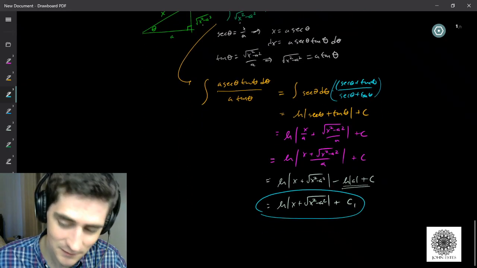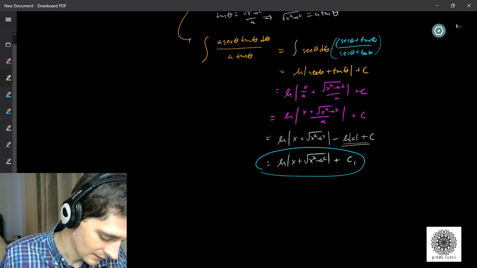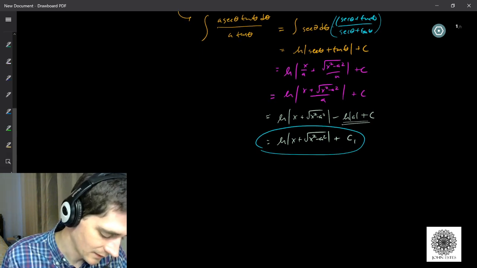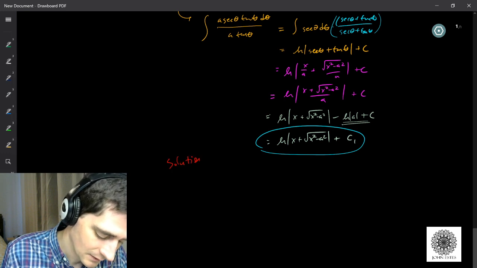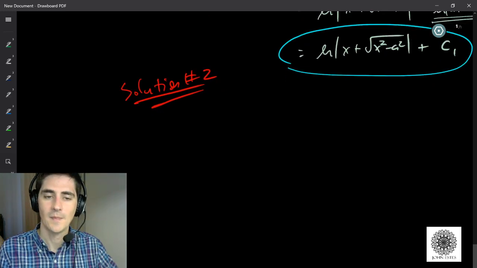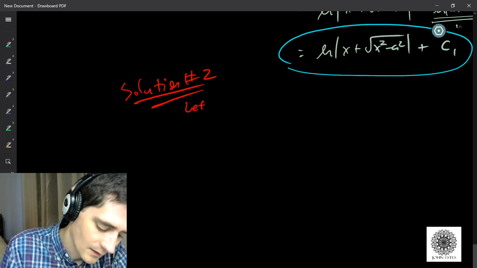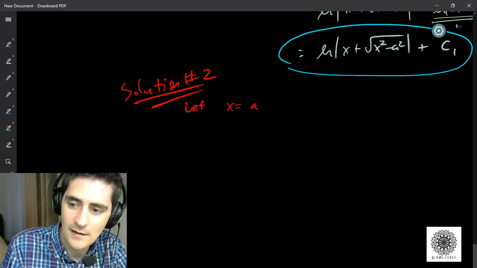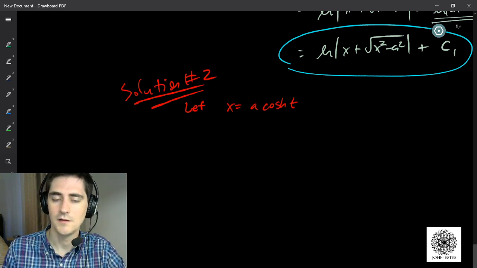Now, actually, this one had a second solution, so let me show you real quick because it deals with something that I think we like. So I'll write it in red real quick. Solution number 2 to this expression. What I could have done is I could have let x be a hyperbolic cosine t, cosh t.